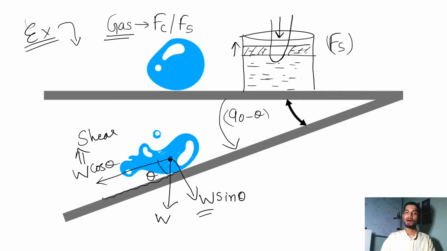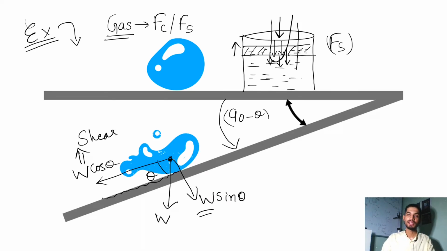And how is this possible, that even if I'm applying some compression force to the fluid, I'm again creating some shear force, not compression? How is it so? Because the outer surface of this finger is separating the fluid layer from it, and that is applying the shear force which is parallel or tangential to the fluid.